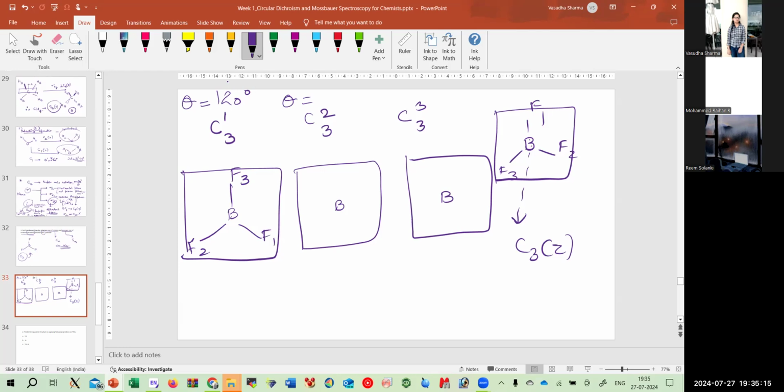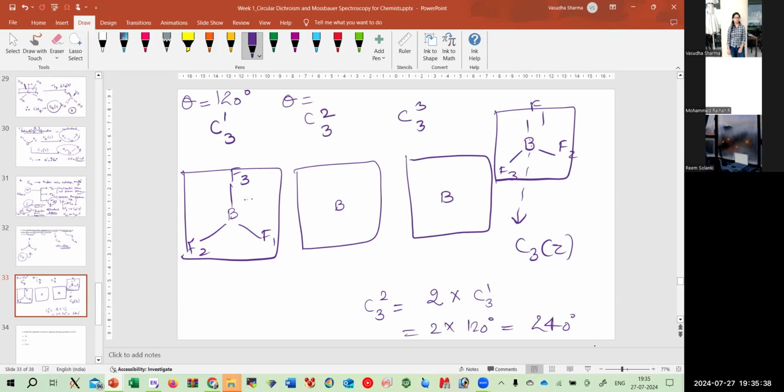120? No, C3 two is 2 times C3 one. So this is 240 degrees. Or you can say that whatever you got from C3 one, you apply one more time, 120 degrees. That is also convenient.